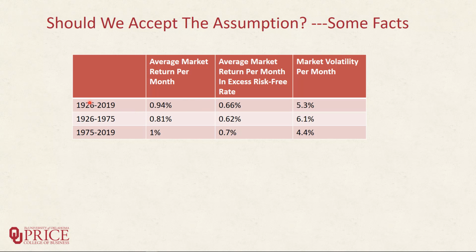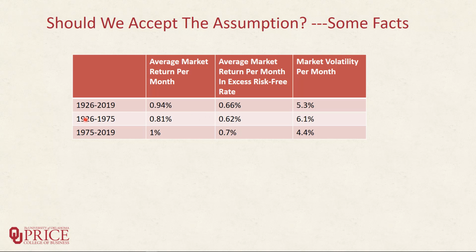And let's break down this whole sample period into two halves. We have a little over 45 years per half. In the first half, we're going to repeat these two calculations.